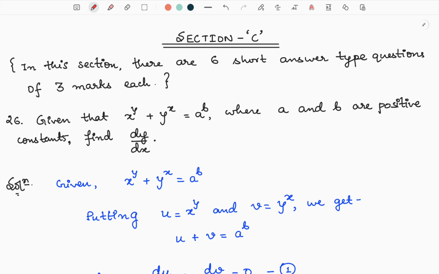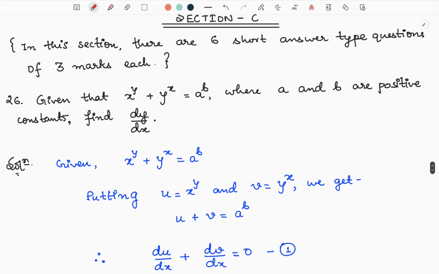So let's begin with question number 26. Question number 26 is asked from the chapter of differential equation. We have already seen various questions based on this chapter in the previous section, so you can easily see the importance of this chapter.